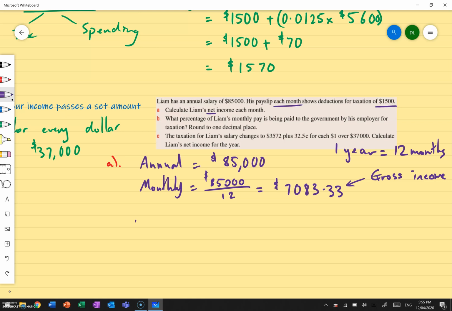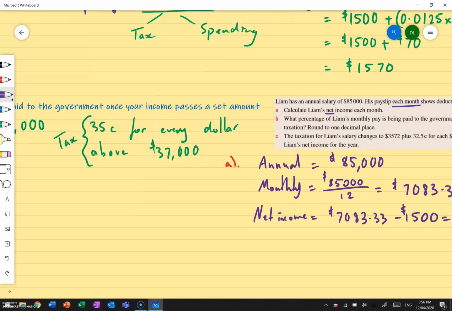We say our net income is equal to $7,083.33. Take away the tax of $1,500, which gives me a total of $5,583.33.